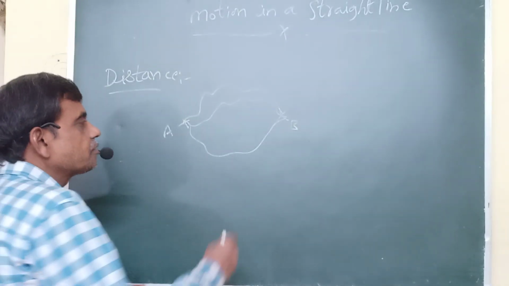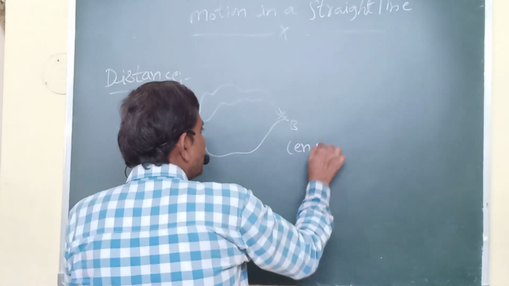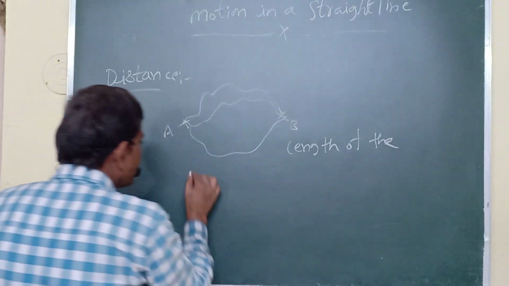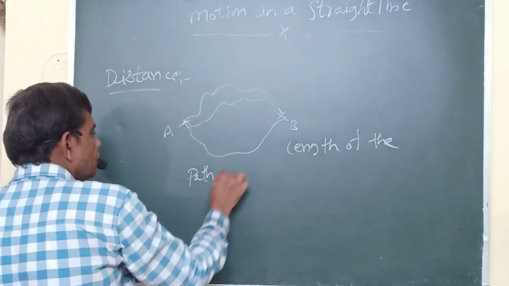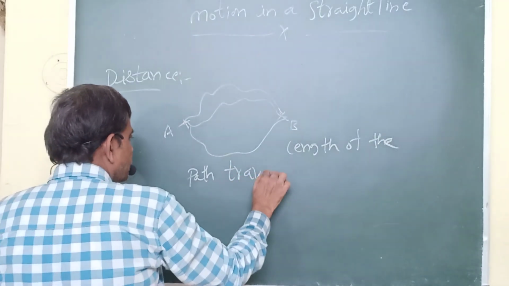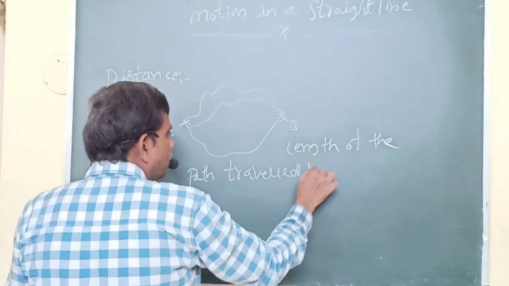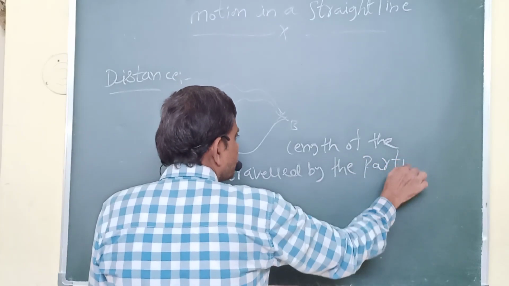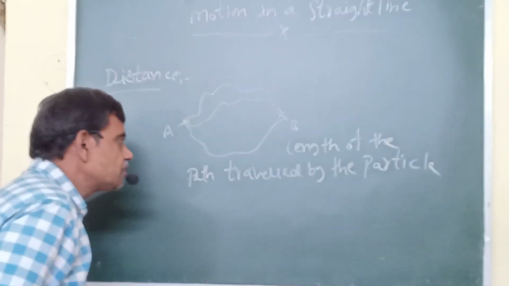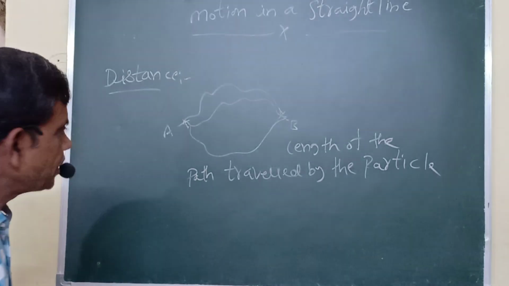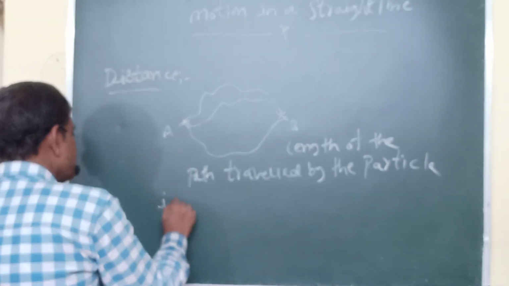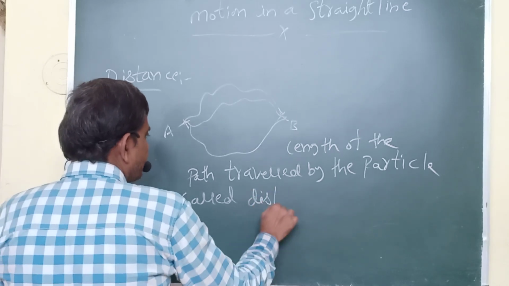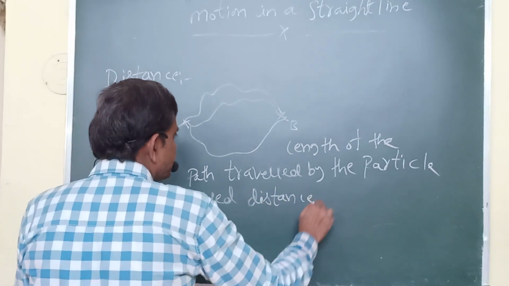What is the distance? Length of the path travelled by the particle is called distance.